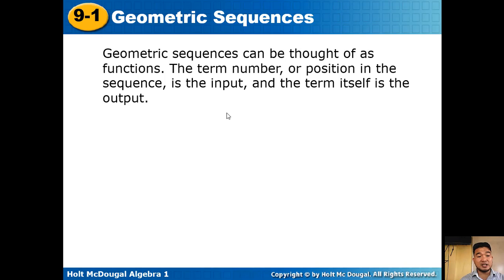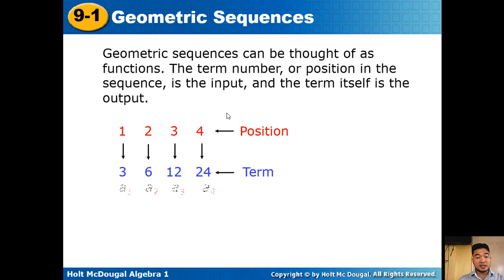Ang input natin dito, yung ilan yung talon ng isang jumper. Tapos, ang output natin dito ay gaano kataas yung inaabot ng talon niya. So, 1, 2, 3, 4, the position. And then, 3, 6, 12, 24.